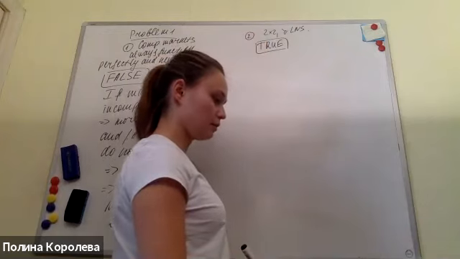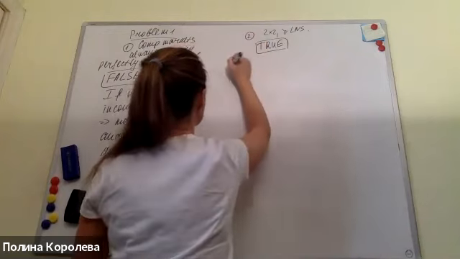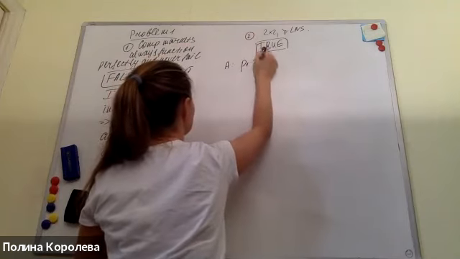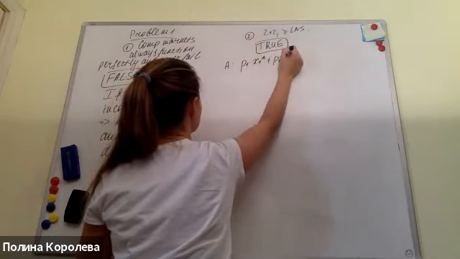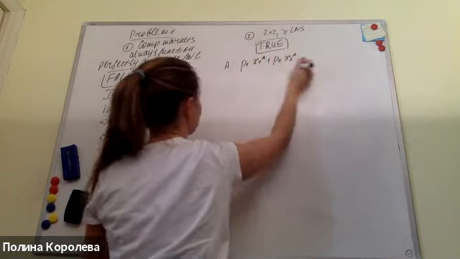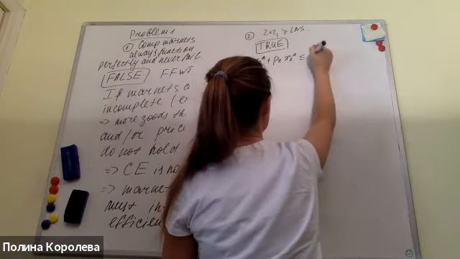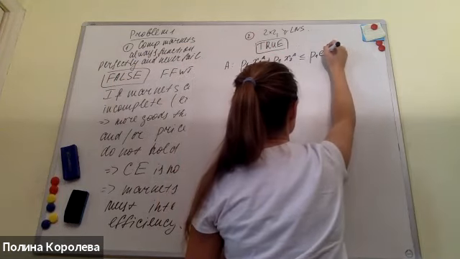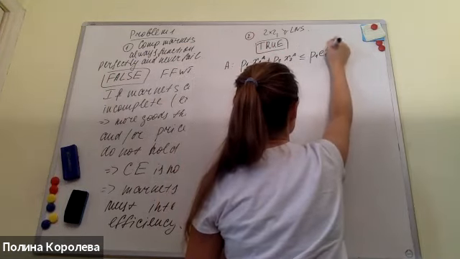Let's write down budget constraints for both individuals. For individual A, what is the budget constraint? P1 x1a plus P2 x2a. These are all expenses, and they should be less than or equal to his endowment in money terms.